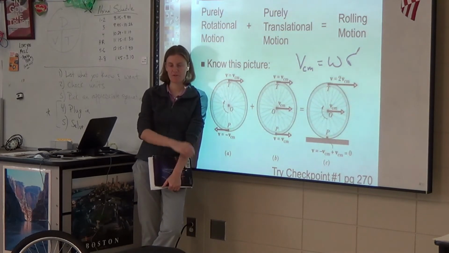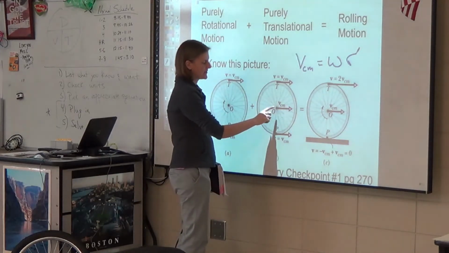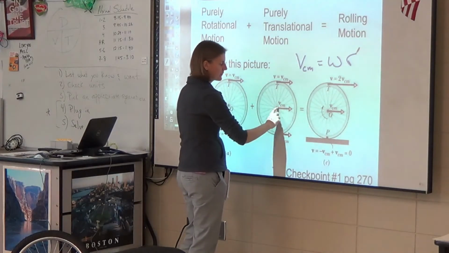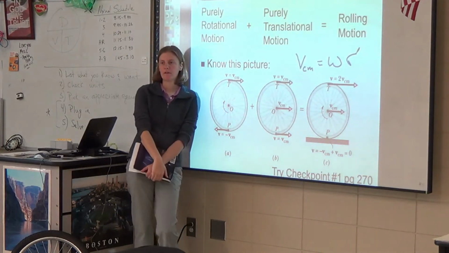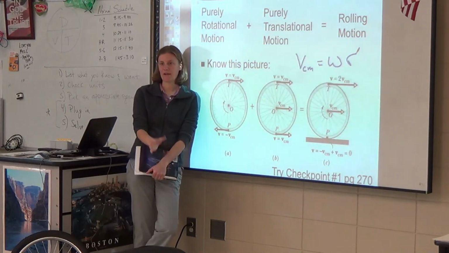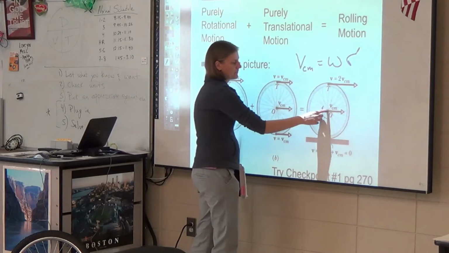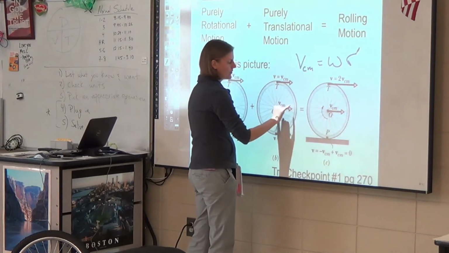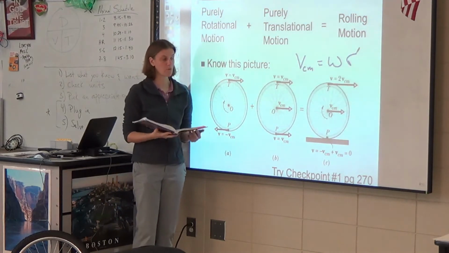Okay, let me ask you a different question first. How would the velocity of the center of mass compare, right in the middle of the rear wheel versus the front wheel? They should be the same. Otherwise, your bicycle is coming apart. You can't have one part going faster than the other part. So they should be the same. So at least we know the velocity of the center of mass should be the same for the front wheel and the rear wheel.